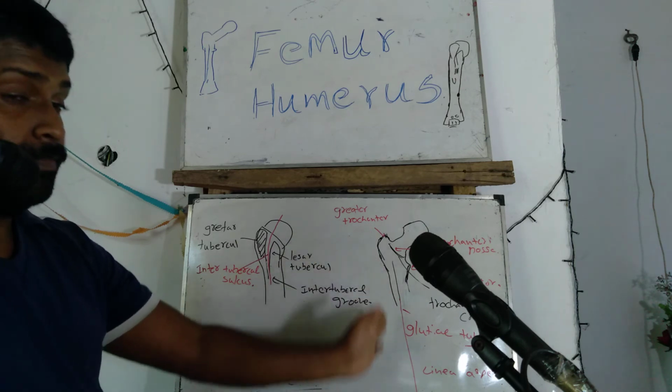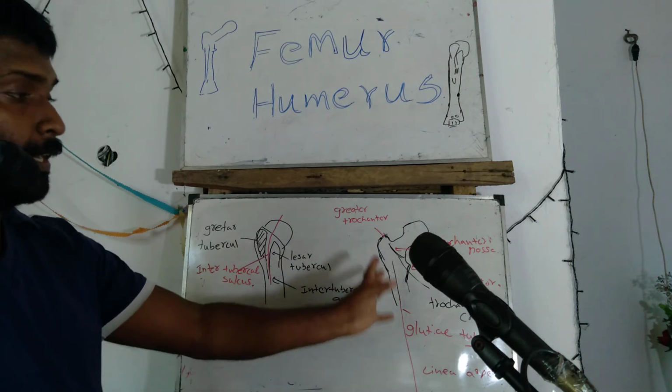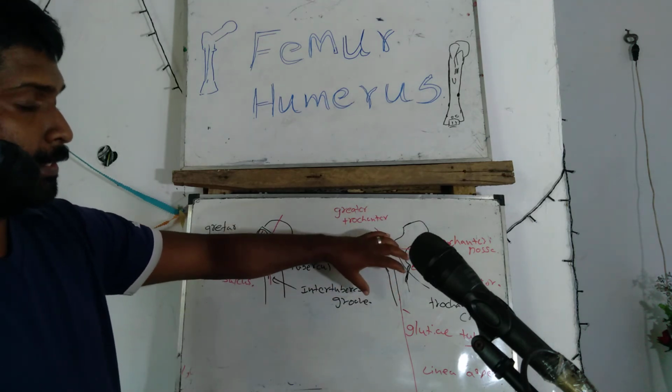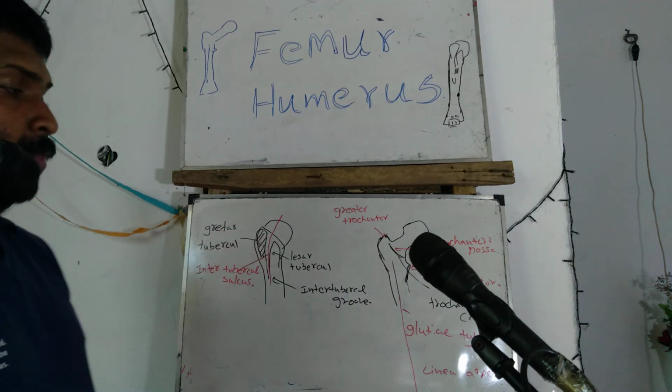Linea aspera is a margin, and we can identify it clearly on this bone.